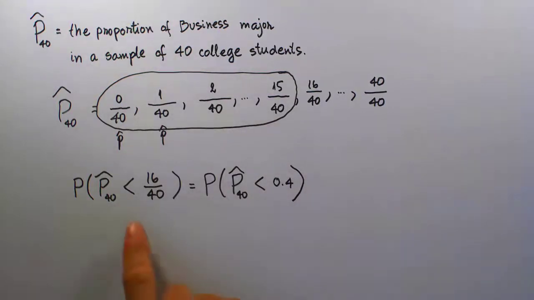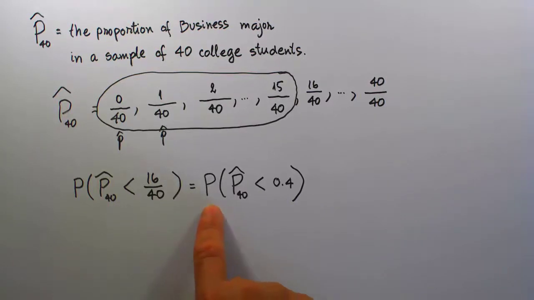Directly from the wording of the question, we are looking for the probability that our random variable capital P hat 40 takes a count less than 16 out of 40. That is equivalent to saying that we're finding the probability that our random variable capital P hat 40 is less than 0.4.